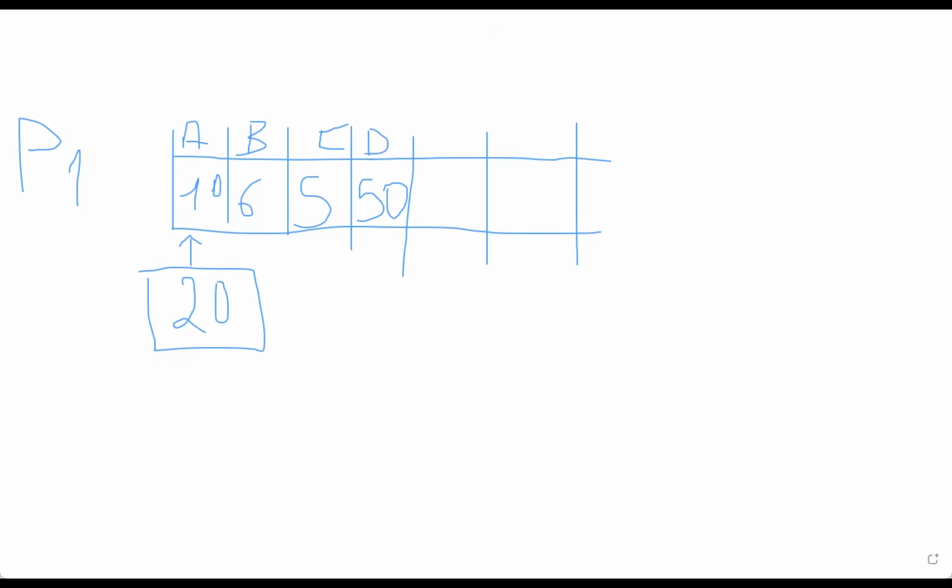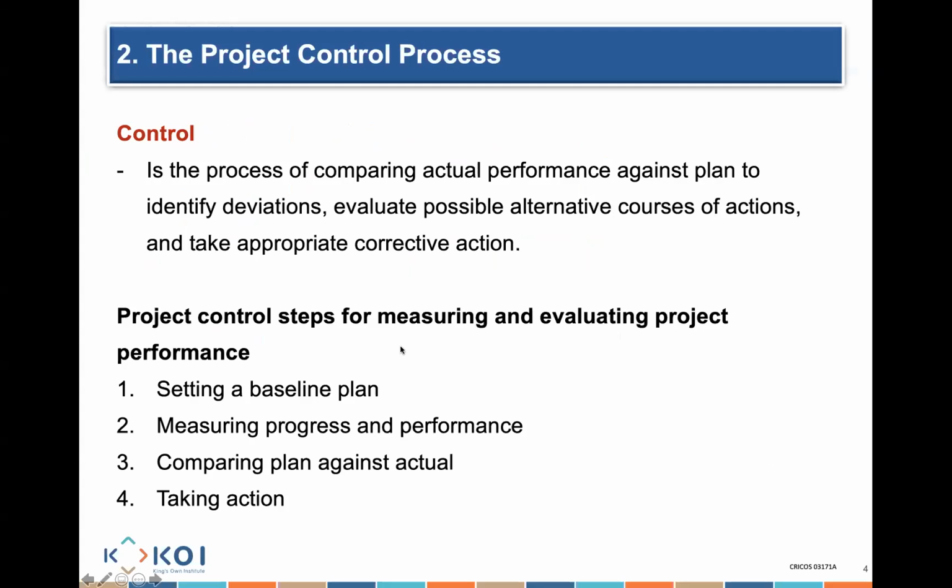But we'll talk more about this. We'll explain it in further detail. But the bottom line is we are creating a baseline. And that baseline will help me start making a comparison. Now, how do I make a comparison? I need to be measuring. So let's say period 1. I was meant to spend $10 and I spent 20. Great. All right, let me measure my progress. I need to measure my progress for period 1 in comparison to what I was planned to be completing for period 1.